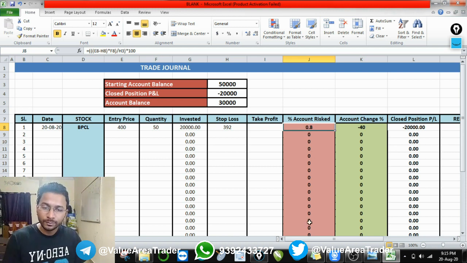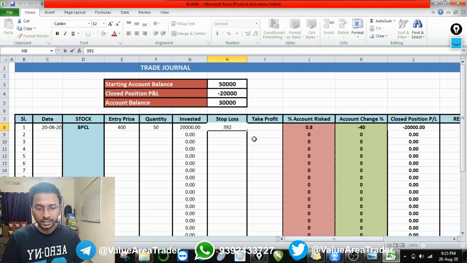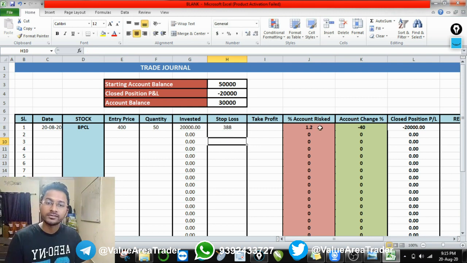It will keep track of your risk. If I put the stop loss at 388, my risk is 1.2% of my account, which is not favorable. As I have mentioned before, it shouldn't be more than 1.